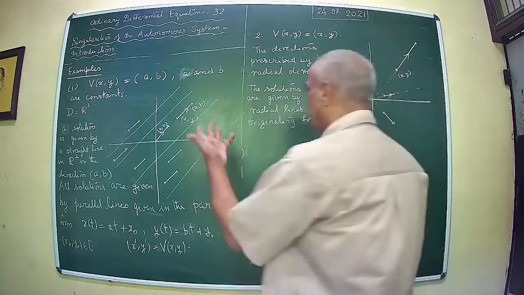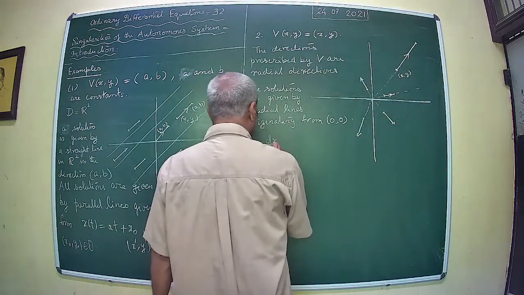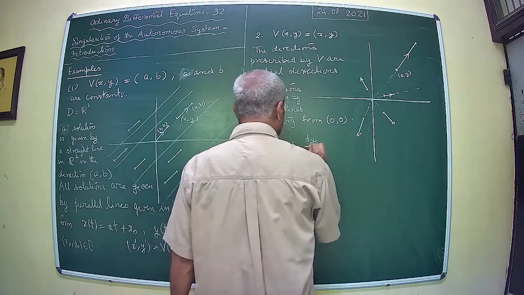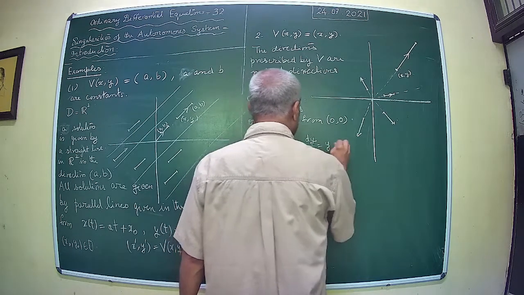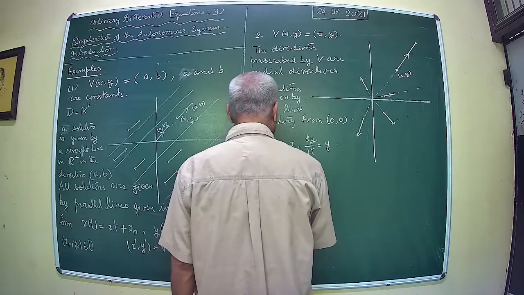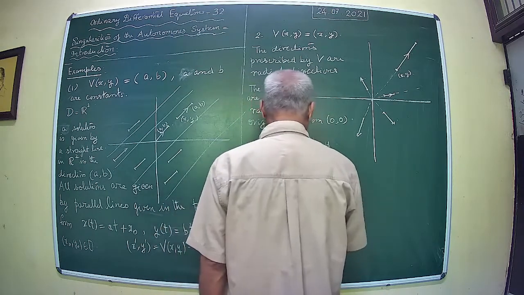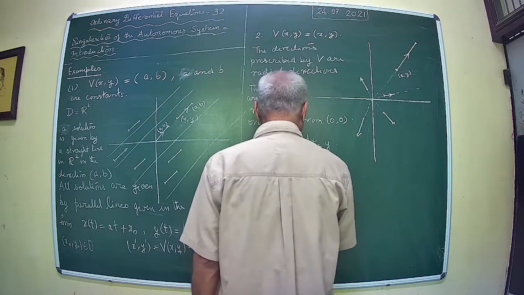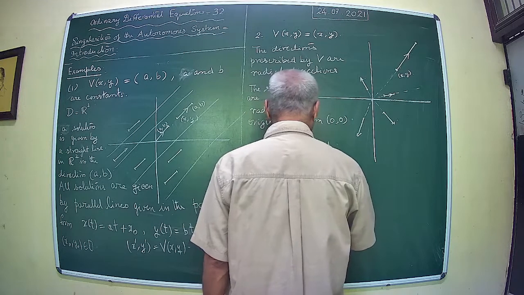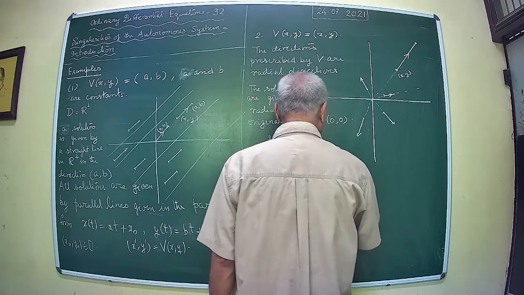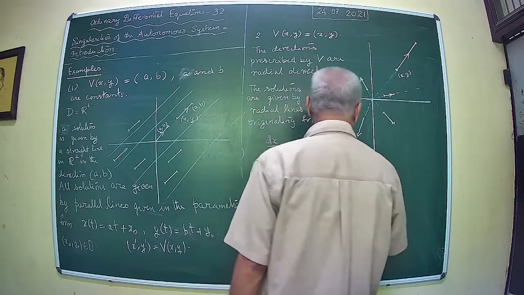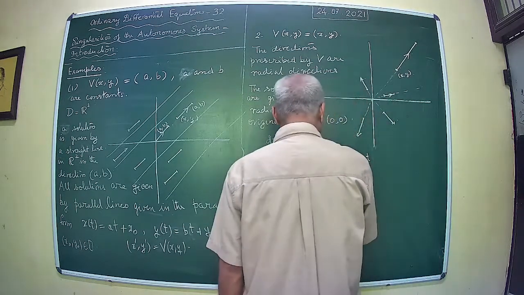And let us see what happens if you solve dx/dt. Solve it. So what do you get? x(t) equal to x naught e to the power t, or if you want you can write this as t minus t naught.